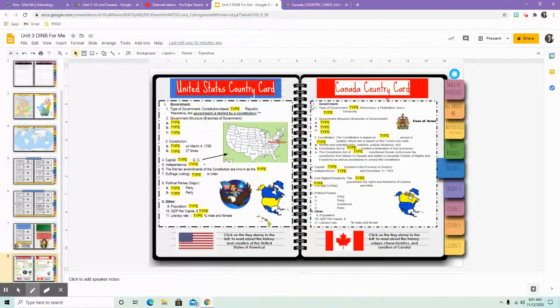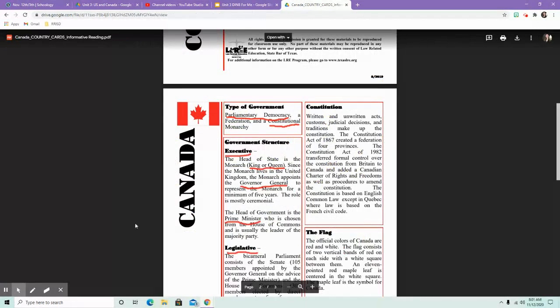Now, in their Constitution, we do have a little bit of information to write about the Constitution, so make sure you read this as I go about reading this paragraph. The Constitution is written, and unwritten acts, customs, judicial decisions, and traditions make up the Constitution. The Constitution Act of 1867 created a federation of 4 provinces.